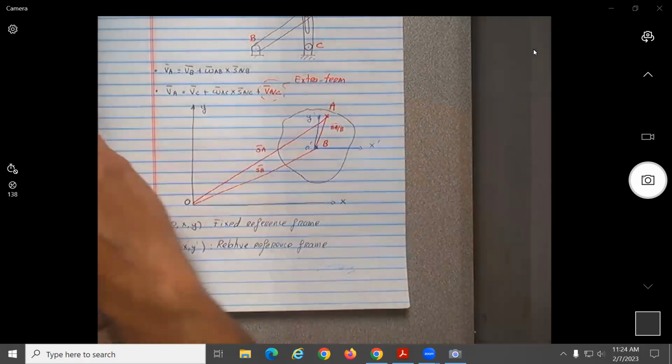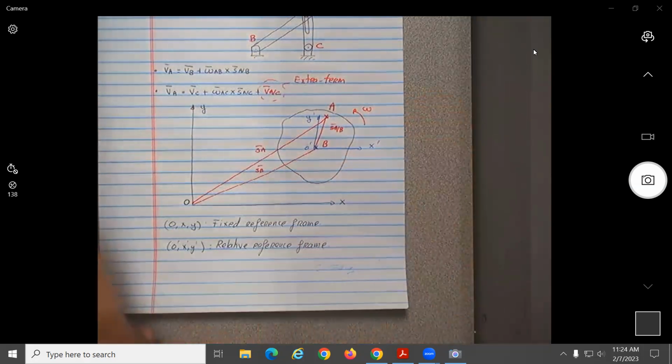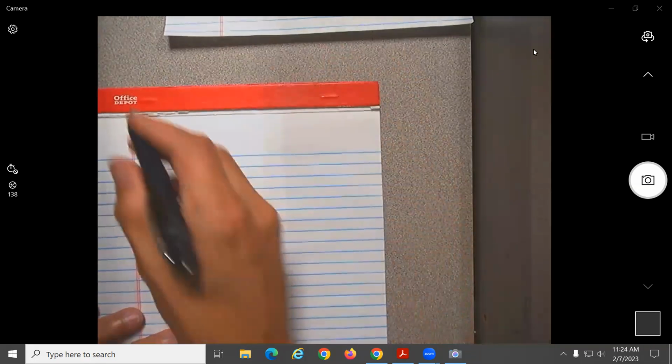Okay, and this object here can be moving with, let's say, an angular velocity omega. So now we're going to find the velocity.